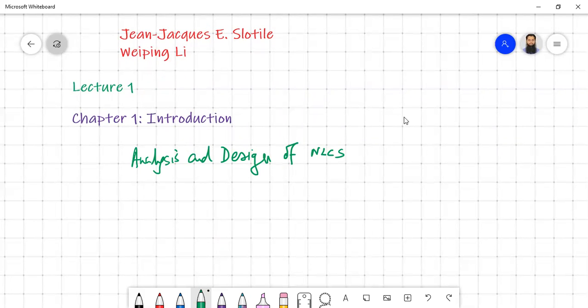So what does it actually mean by a nonlinear control system? This is also a question. It means that we have to have at least one nonlinear component present in the system.